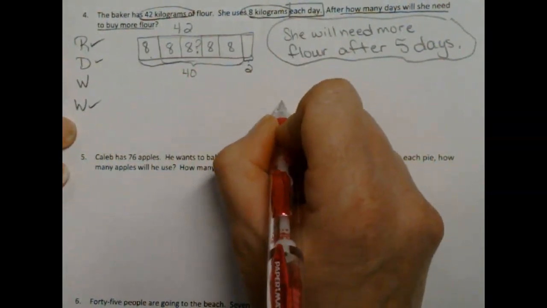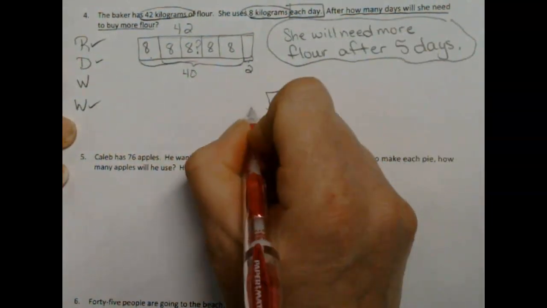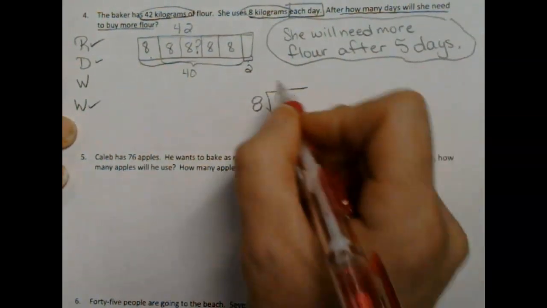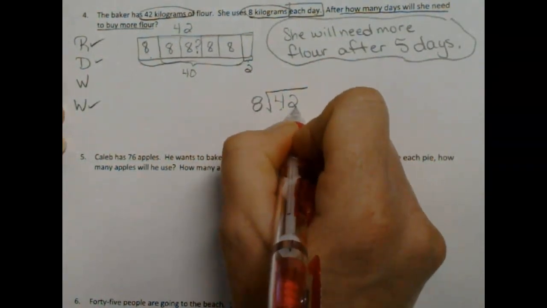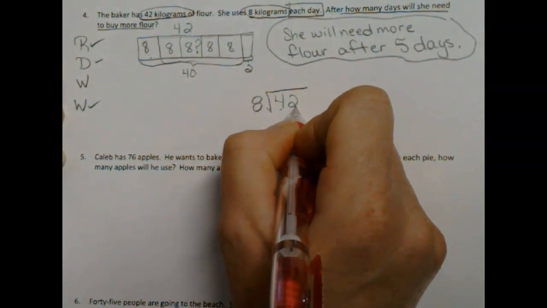That's all right. All right, so to write my number sentence, I'm going to have 42 divided by 8. Okay? And the way we did our tape diagram, guys, we knew that 8 times 5 is 40, which is going to be close to 42. If I do 8 times 6, that's going to be 48, and that's going to be too much.